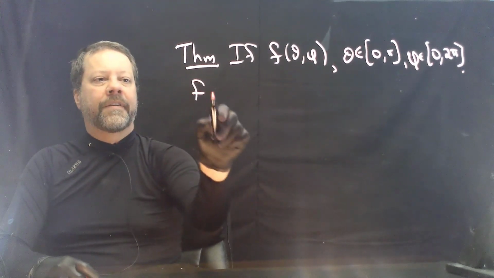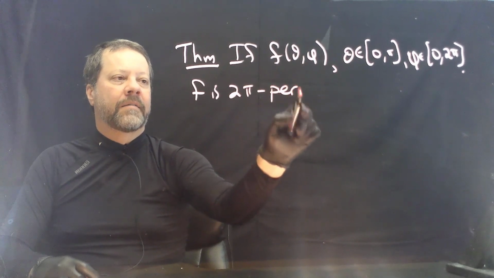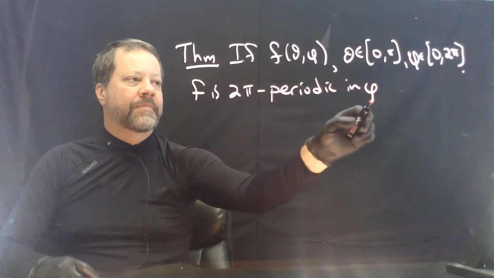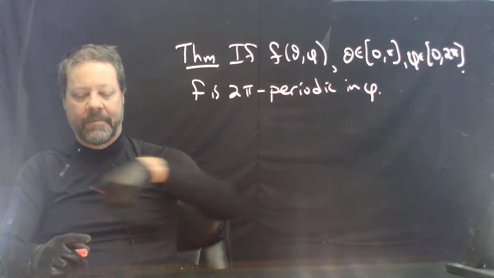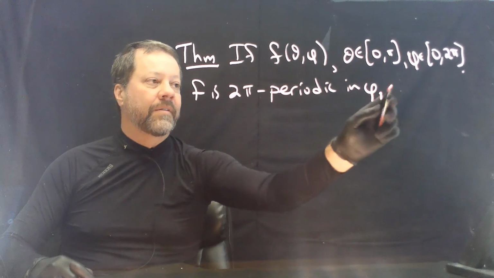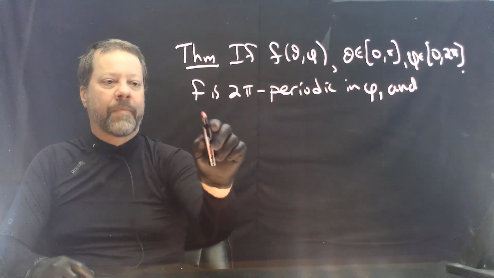and f is 2 pi periodic in phi, so that things match up when you go all the way around. And also, f is sufficiently smooth.